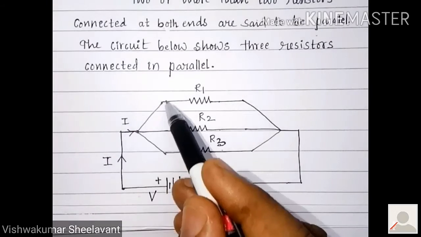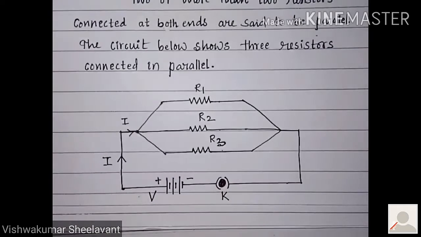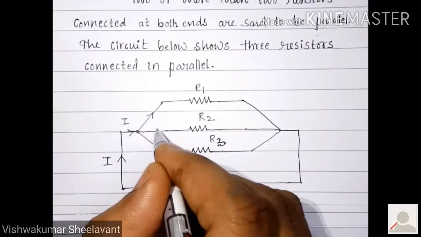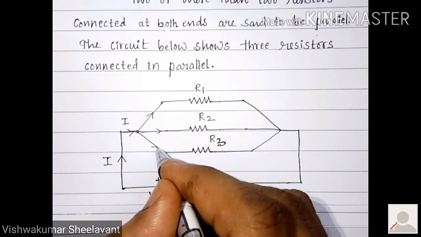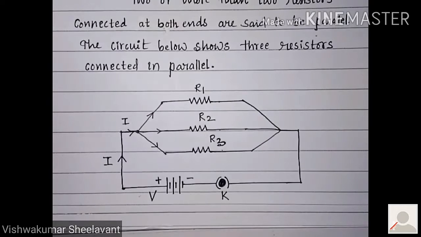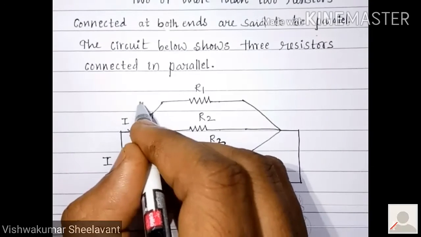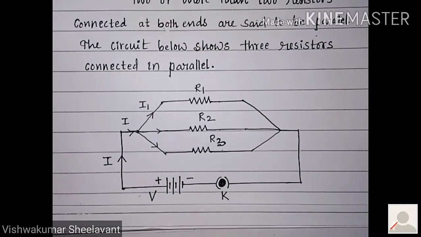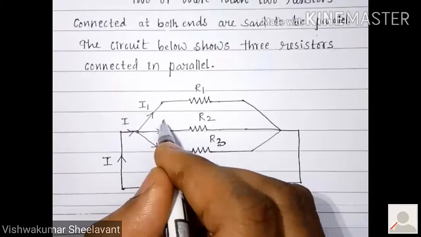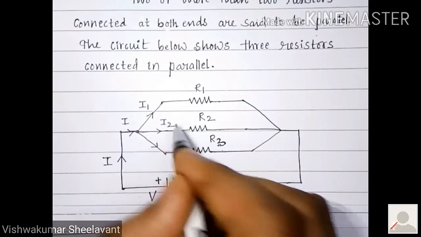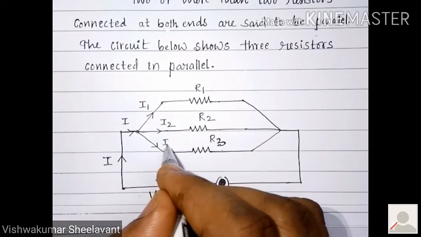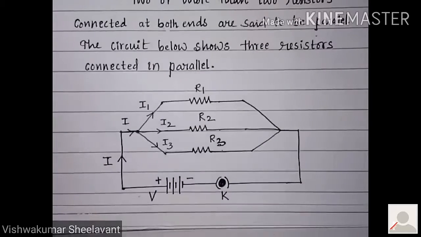First path here, second path here, third path here. And it will divide into three paths like this. In first path, say current is I1 ampere. In second path, say current is I2 ampere. In the third path, say the current is I3 ampere.